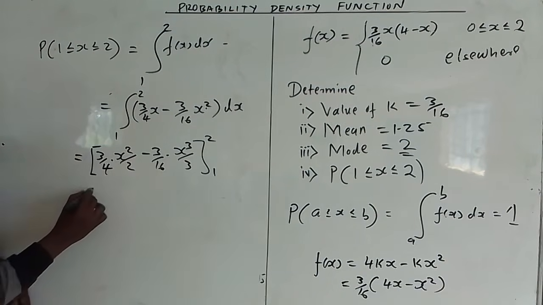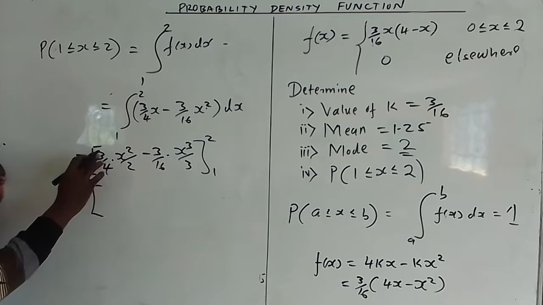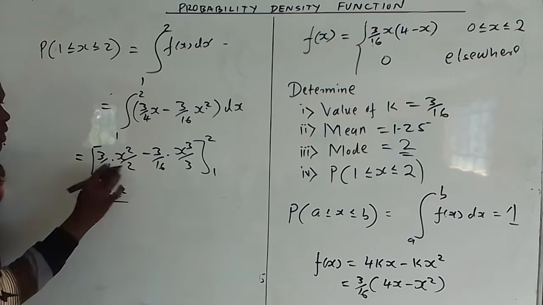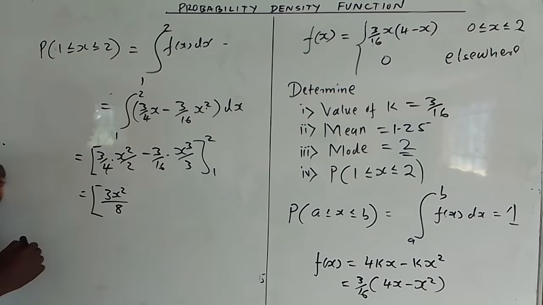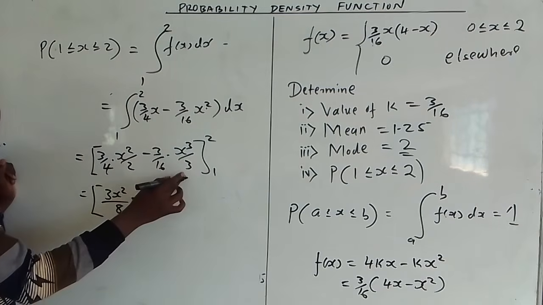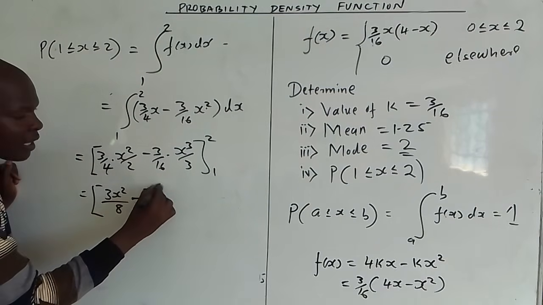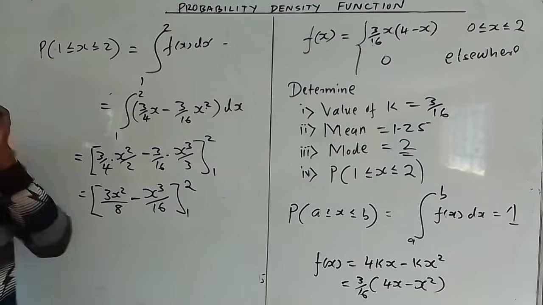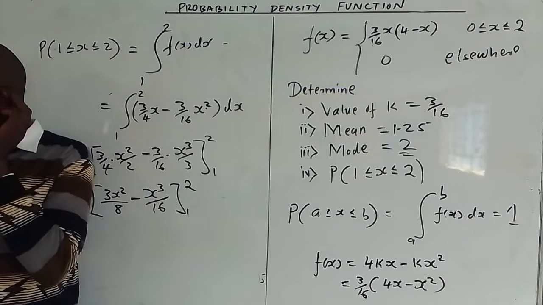So can you simplify this before you start substituting? In the numerator, 3 times x squared, you get 3x squared. In the denominator, 4 times 2, you get 8. Then 3 cancels with 3, you remain with x cubed over 16. Then the limits 1 to 2, isn't it?